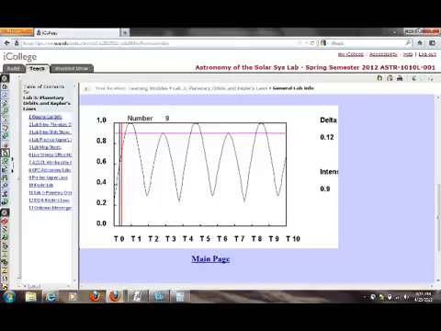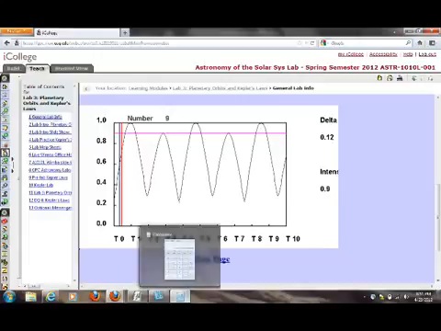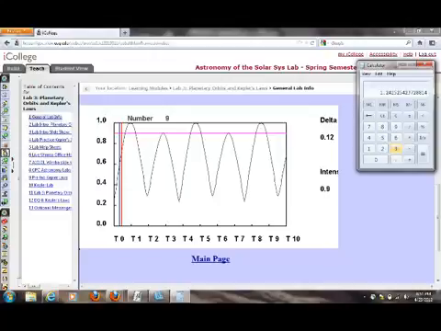And again, you take the ratio of the 2. So I'm going to clear the calculator, and then 0.993 divided by 0.9.